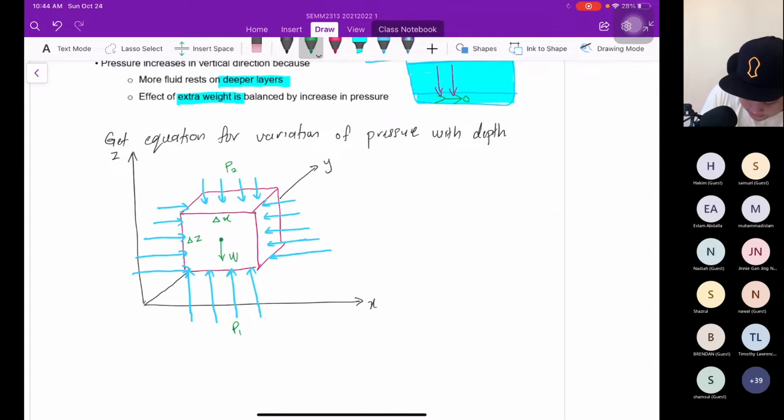So let's say from here to here is Z1, and from here to here is Z2, reflecting P2.